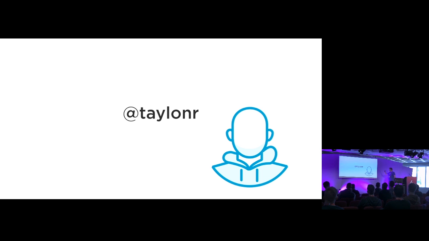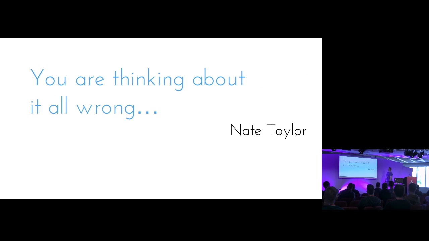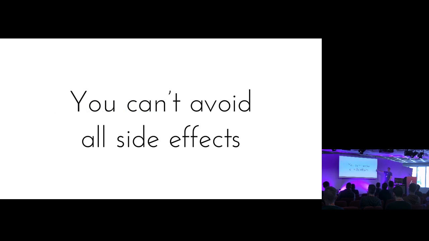Before that course came out, we were talking a little bit, and I was expressing my frustrations with the whole functional thing. And Nate did what he does best, which is he told me I was wrong, and that we need to figure this out. He said, here's the reality. In JavaScript, remember, we're not talking about Scala or Elm or any of these other things. We're talking about JavaScript. In JavaScript, functional style is not about the error part of it. It's about the other two things. You can't avoid all your side effects. Side effects are going to happen.